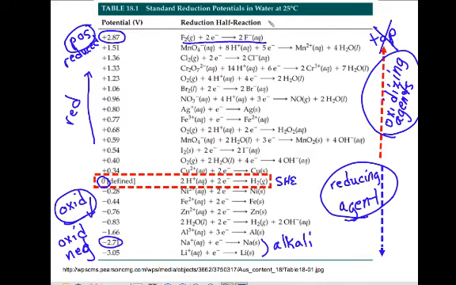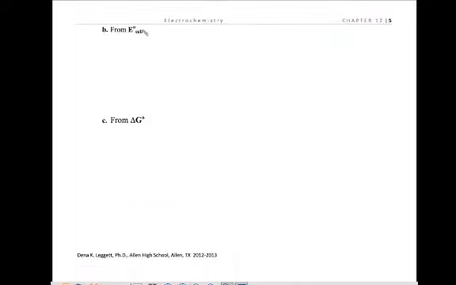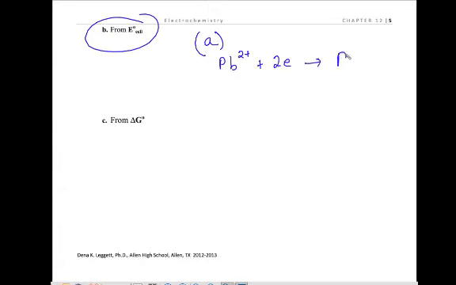The lead reduction potential, Pb2+ plus 2 electrons going to Pb, that potential is minus 0.13.